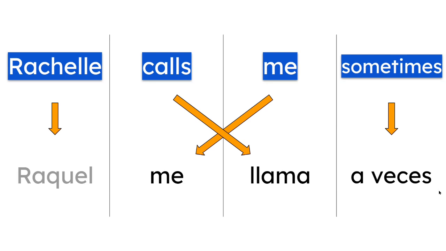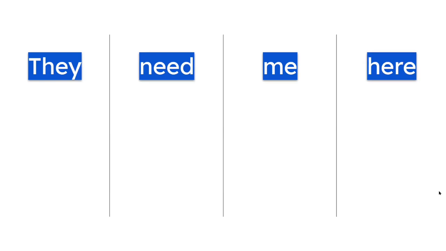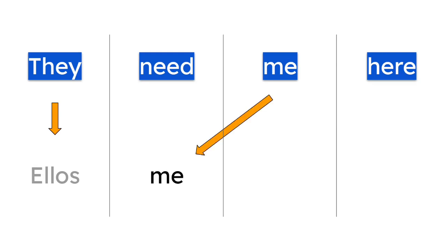They need me here. Again, we have the doer, the person who is doing the action, and the one who is receiving the action is again me. So they is ellos, right? Ellos. And now, what comes next? Need. How do we say need? No, no, no. Remember, we don't say need yet.